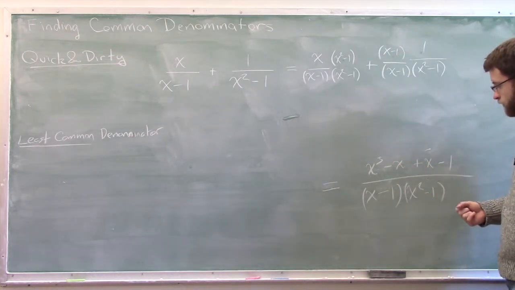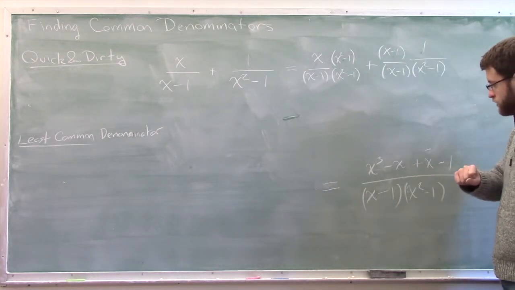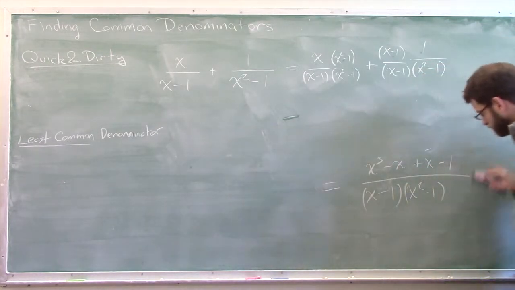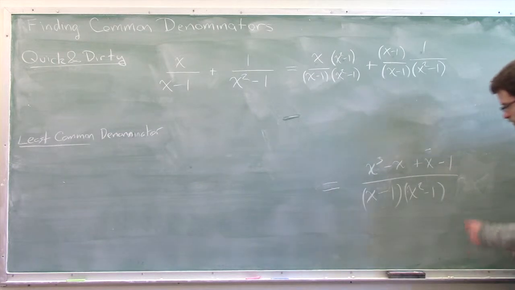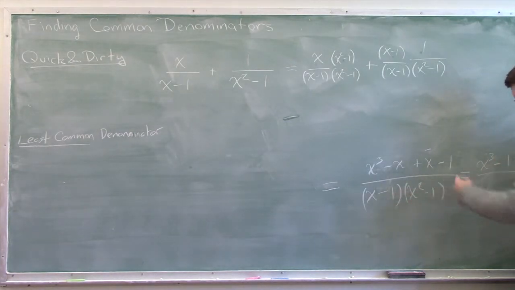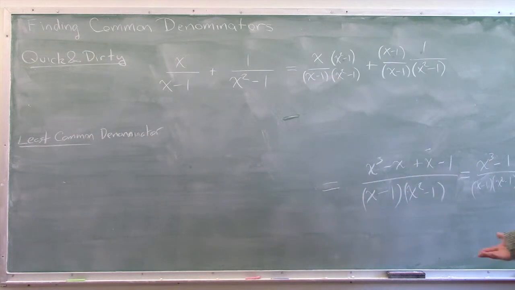So now we have x cubed minus x plus x minus 1. And this gives us, if we simplify it, x cubed minus 1 divided by this denominator, x minus 1, x squared minus 1.